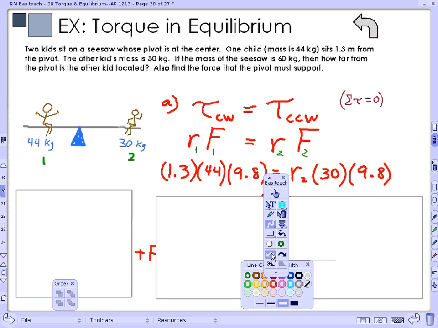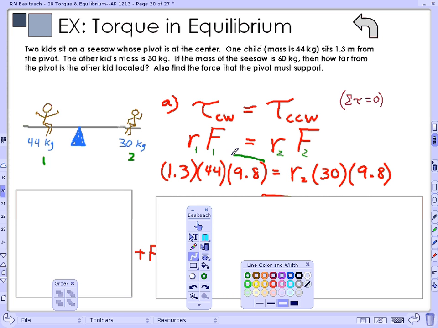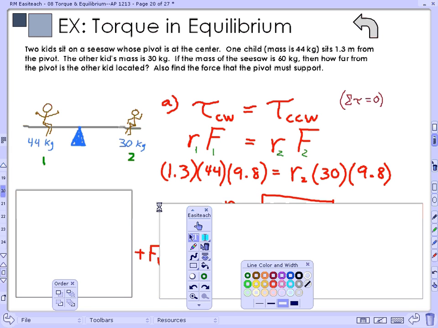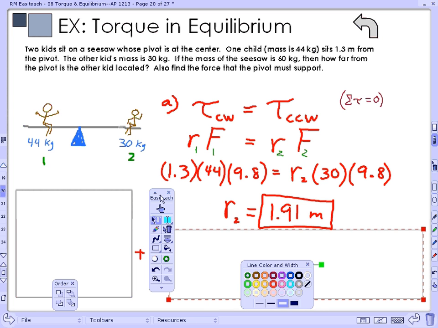I'm drawing these to scale because the 44 kilogram force is larger, and so it has to be closer to the pivot. Okay, so obviously I took a mass times g here to get the weights, and you simply solve for R2, and it's 1.91.